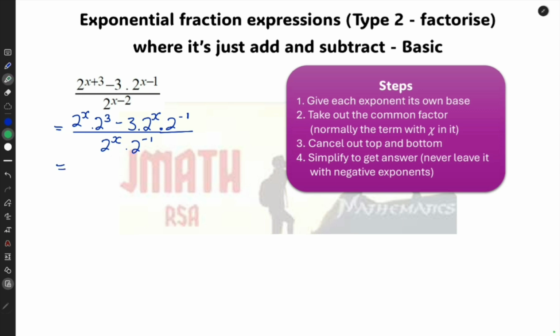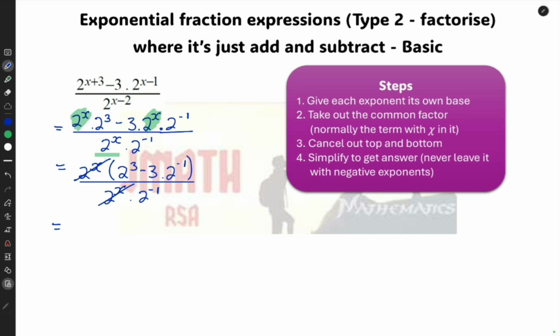Now if I'm looking at what is my common factor, there and there, I can take out 2 to the power x at the top and it will cancel with the bottom 2 to the power x. So let's see. 2 to the power x, what's left over is 2 cubed minus 3 times 2 to the power minus 1. At the bottom, I can't take it out as a common factor, but I can see I am going to cancel it out right now.